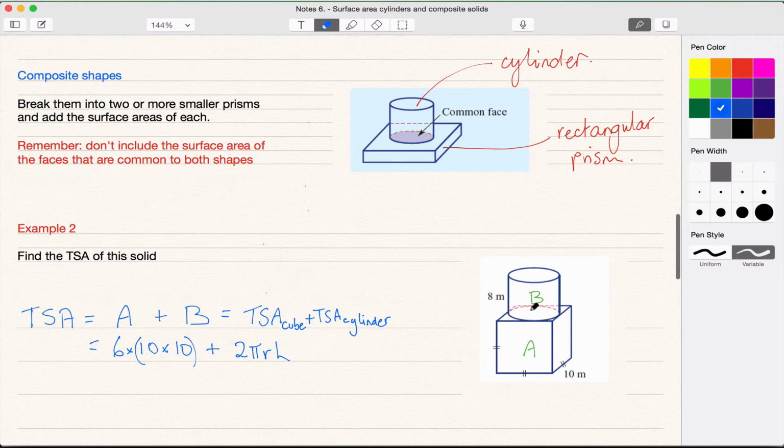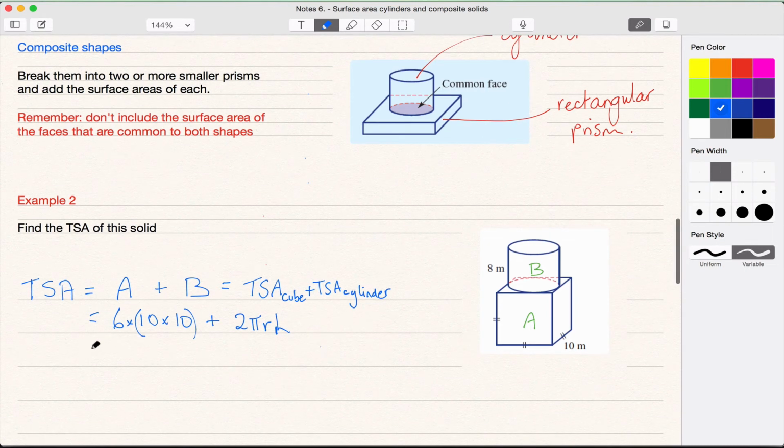But this bottom bit we've already included when we've done the base here. Because we've already included that bit that's taken out, instead of adding this on the top, we'll use that bit that we've already got. So we don't need to add anything else on there. It's already included.